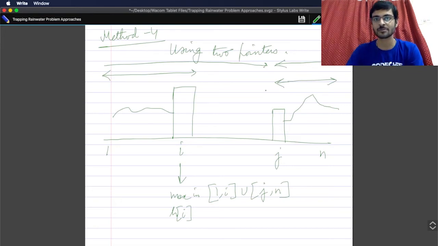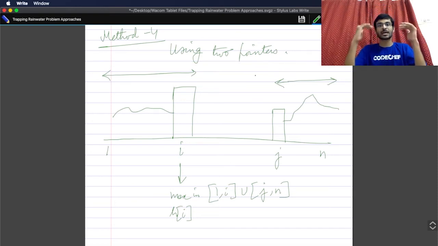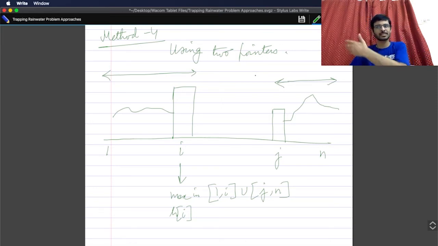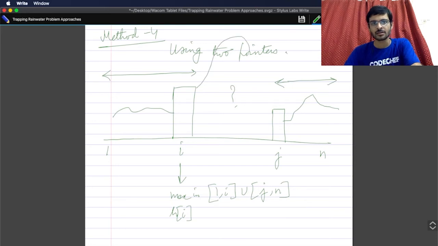If I find out the maximum height up to here and the maximum height up to here, then the minimum of that is going to give me how much can be my height for storing water. Those two things, then minus hi will give me the water. But up to now I don't know anything about this particular range. There may be something very high, I don't know.